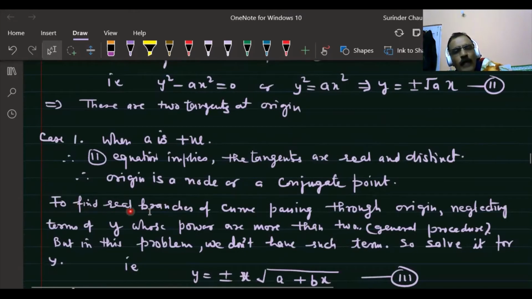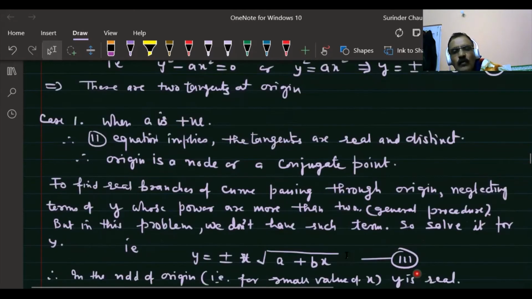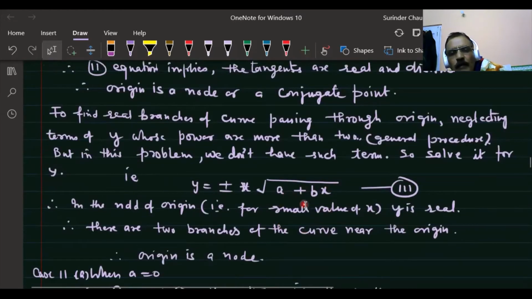Now to find the real branches of the curve passing through the origin, we neglect the terms of y whose power is more than 2. That is the general procedure, but in this problem we don't have such a term. So solve it for y.